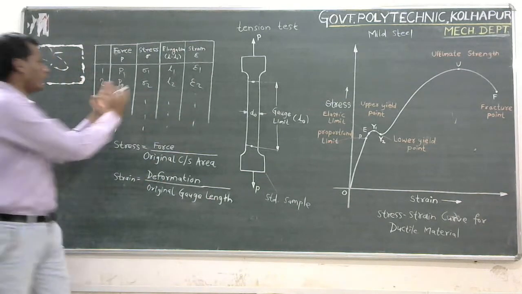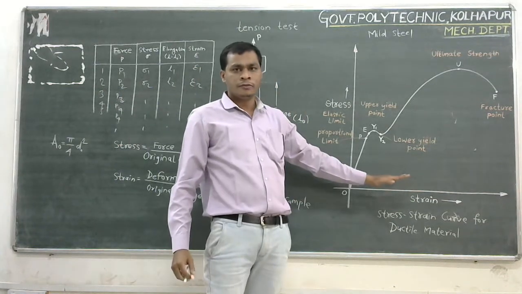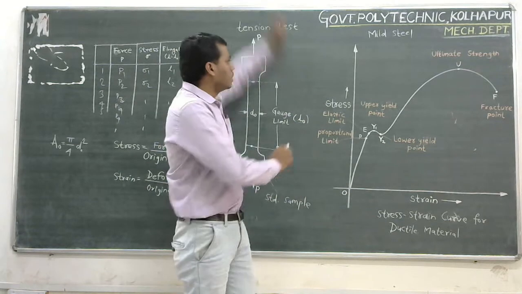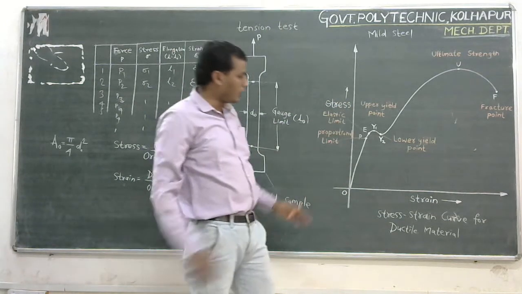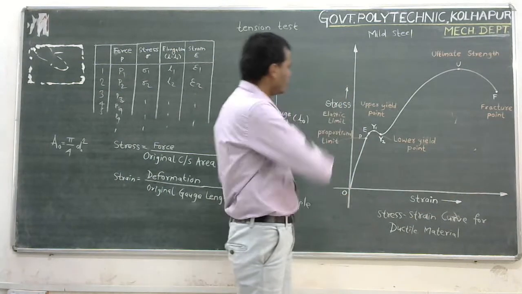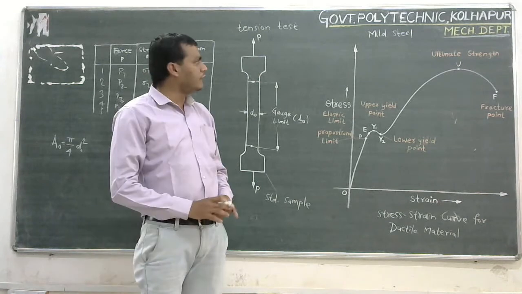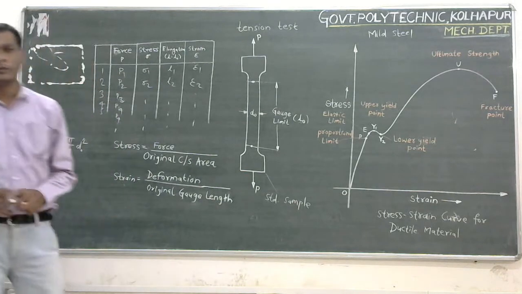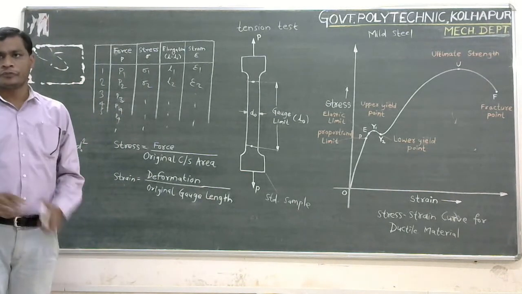And all these values of stress and strain are plotted on this graph. On the y-axis, stress is taken, and on the x-axis, strain is taken. So this is a sample or standard curve for mild steel or a ductile material. So now we will see different points on this stress strain curve.